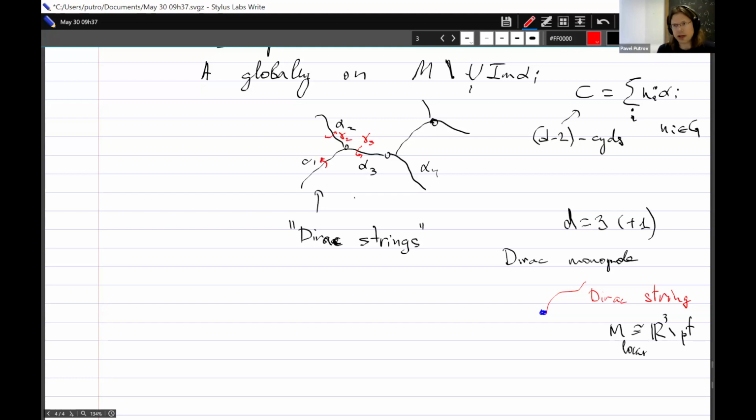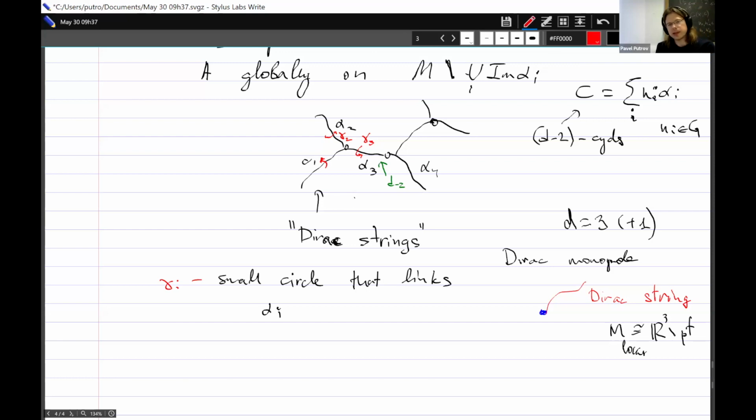Since the defect is (d-2)-dimensional, it has codimension 2, so we can always consider a small circle gamma_i which links it.